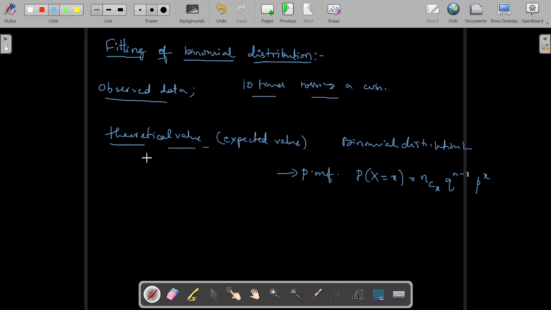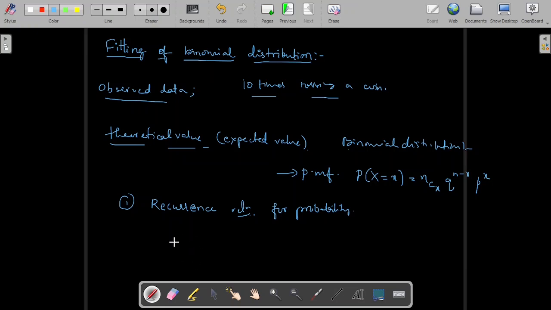Now, to fit a binomial distribution to the observed data, the first step is to get a recurrence relation for the probabilities of the binomial distribution. A recurrence relation means calculating the (x plus 1)th probability using the xth probability.